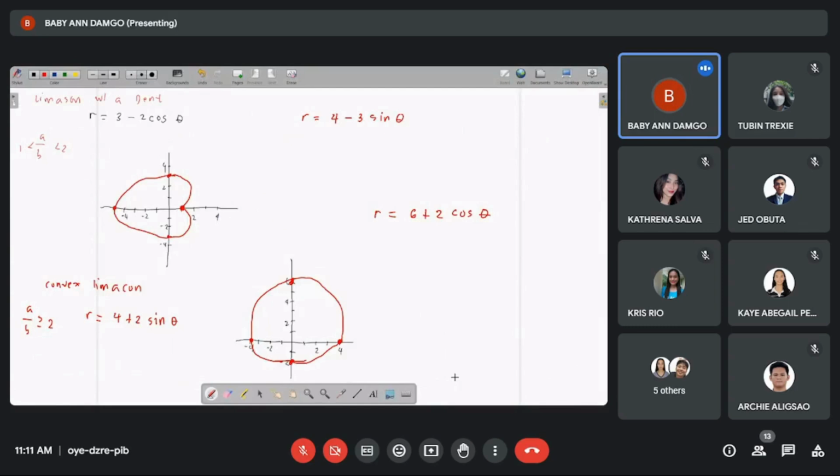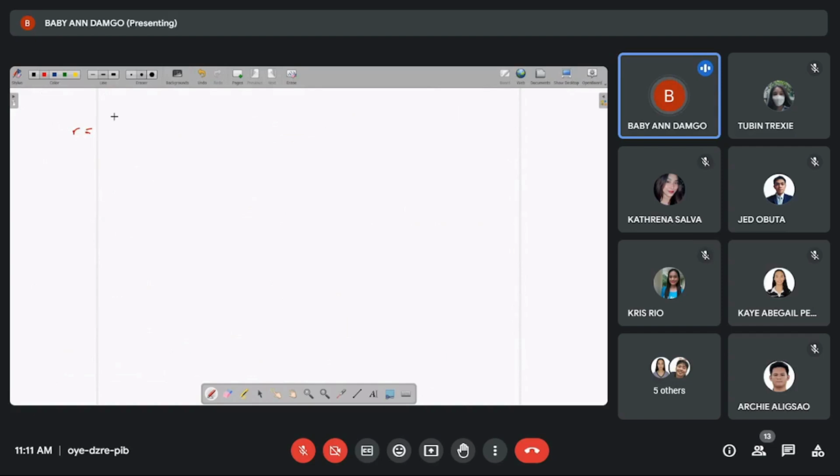kamoy mo determine kung unsa siya nga graph and then sketch. So we have r is equal to 3 minus 7 sine theta.